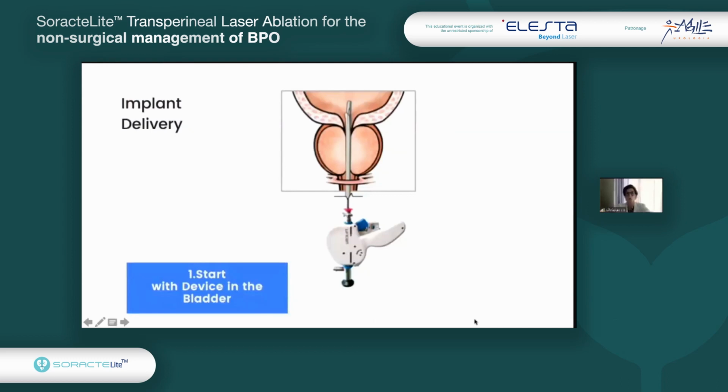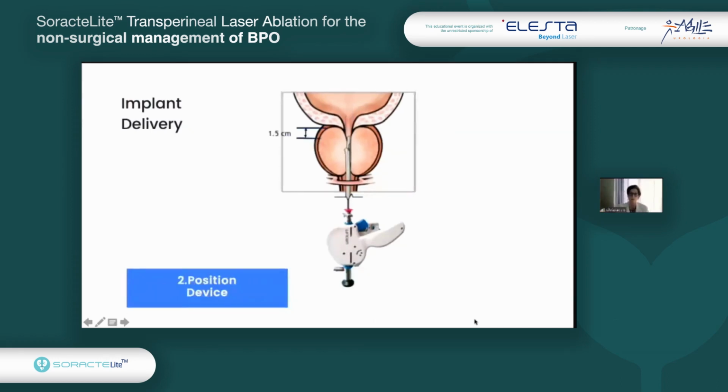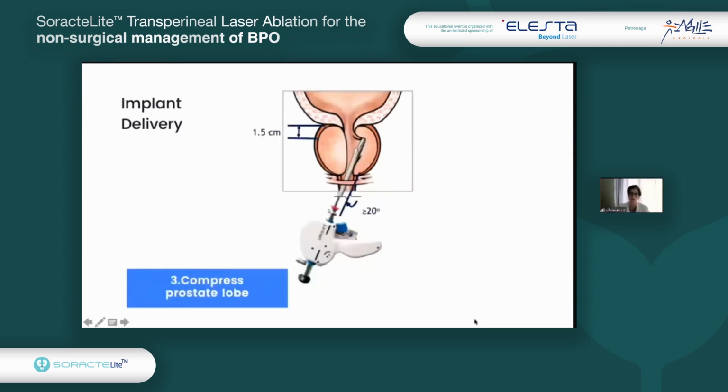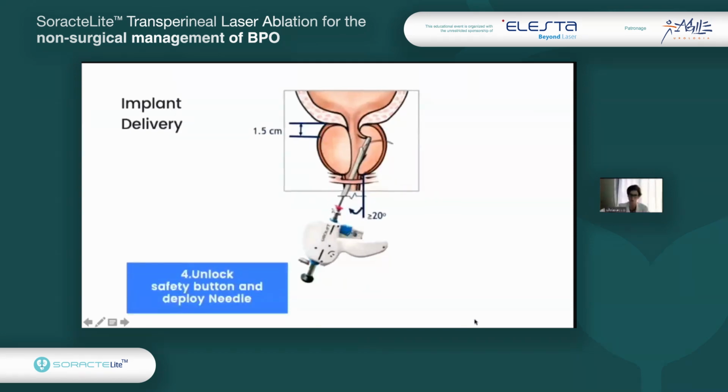First of all, we start with the device in the bladder. Then we position the device far from the bladder neck; 1.5 centimeters is what is always suggested. This is a main rule for us implanters, as we call ourselves. Then we need to compress the prostatic lobe, and the compression is very important to obtain a good result.